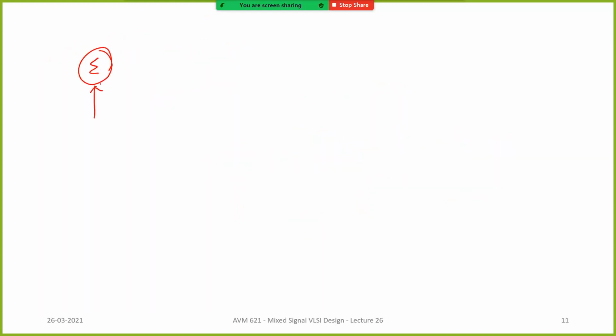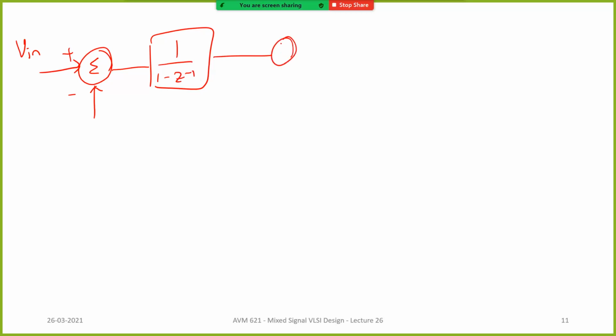This is our first summation V in plus minus our first integrator 1 by 1 minus z inverse. Now it goes to the next delta sigma modulator, which is 1 by 1 minus z inverse, with the quantization error being added, which is basically your quantizer. It can be a 1-bit quantizer, or it can also be a multi-bit quantizer.